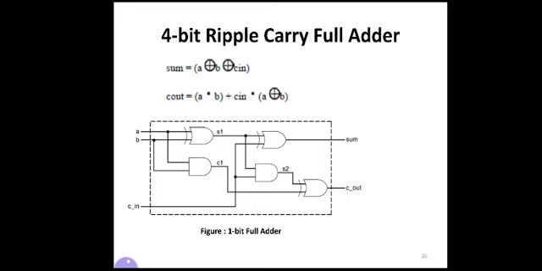Then the two product terms are ORed using an OR gate. So observe the circuit diagram. As per the schematic diagram, we have A, B, Cin, sum and Cout as the input ports and output ports.